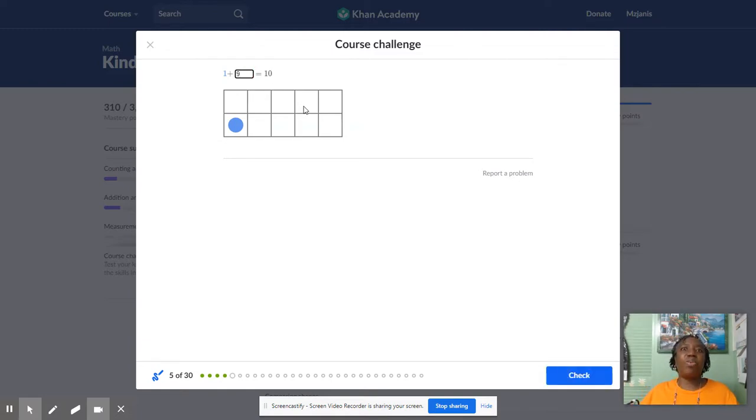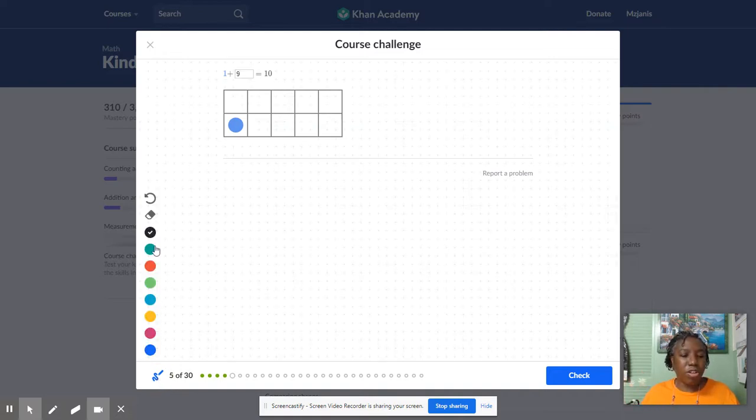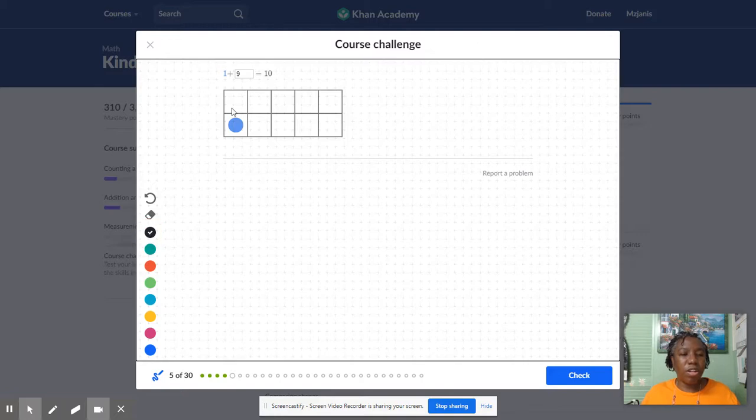equals 10. But if you wanted to make this long, you can have your child make a circle in each one and then count each circle that she made or he made. Or we can call it a dot.